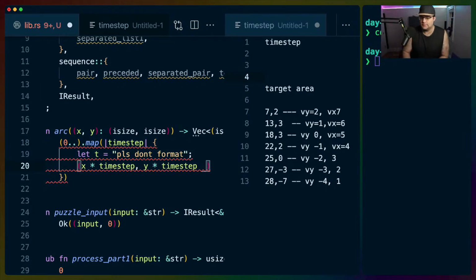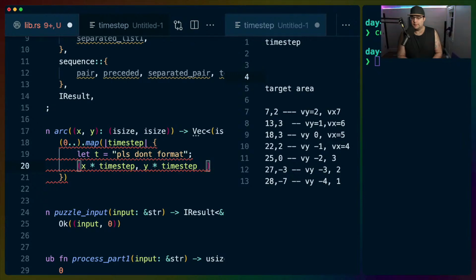So, starting position, velocity times timestamp. And the derivative is decreasing by 1.